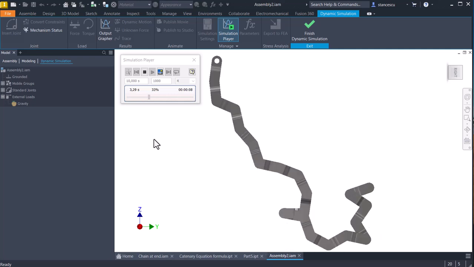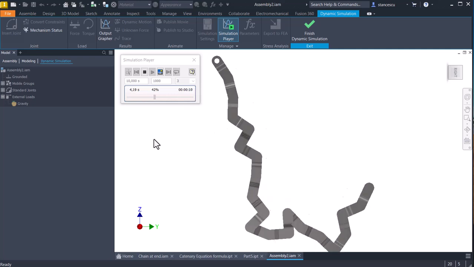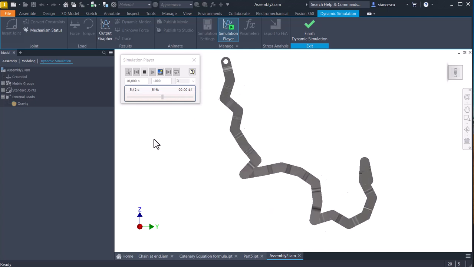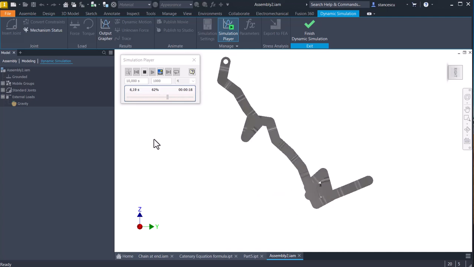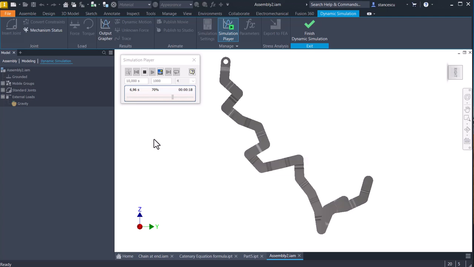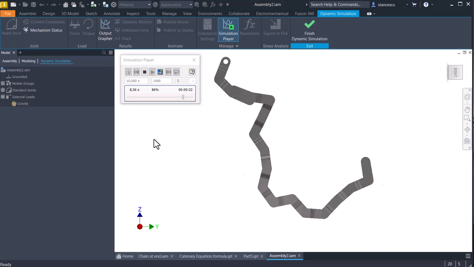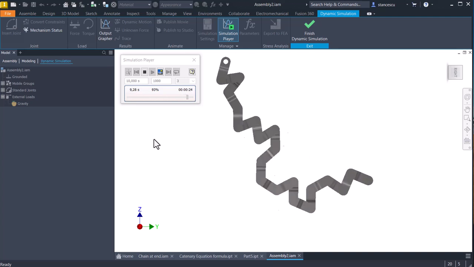I think that this doesn't ends ever, so we have to apply some frictions between the links.